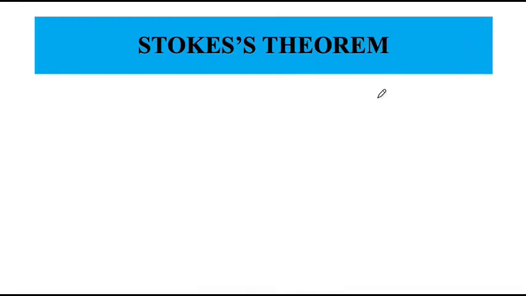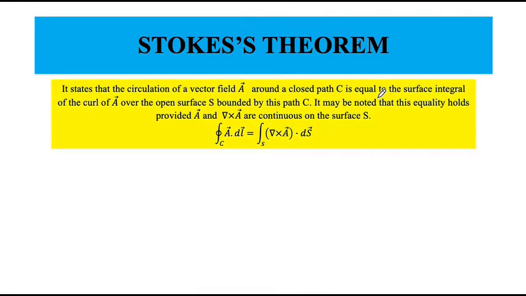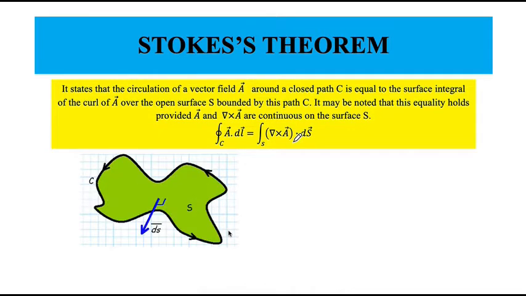Next is our Stokes theorem. It states that the circulation of vector field A around a closed path is equal to the surface integral of curl A over the surface bounded by path L. It may be noted that this holds provided A and curl A are continuous in space.